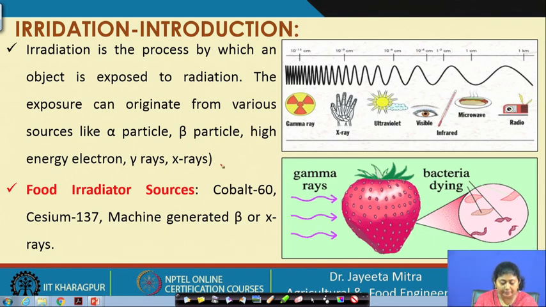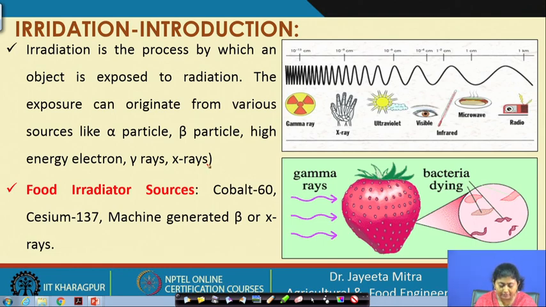So, then they produce charged ions, and eventually they form free radicals, because this charged ion can stay for a very short period of time. So, the effect of this free radical and the charged ion will destroy the microorganisms, okay. So, this is basically how they work.